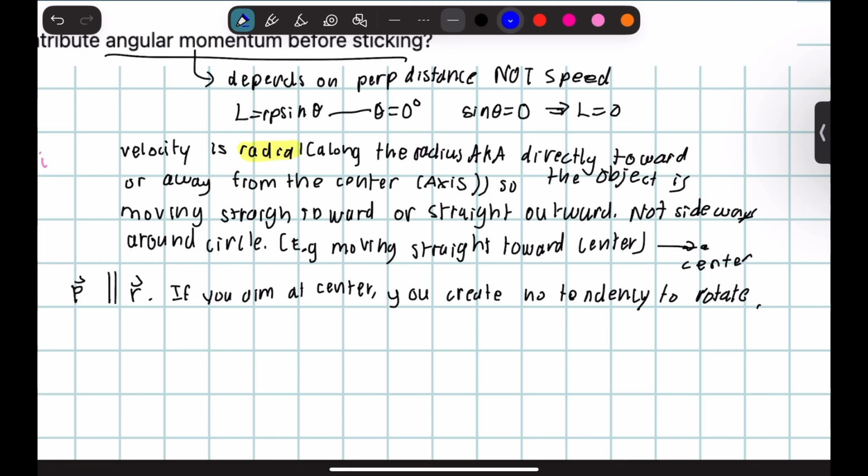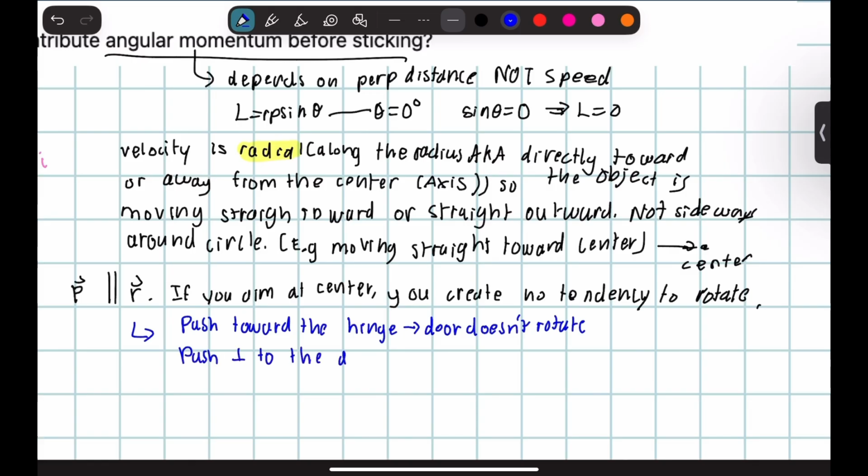And if you're aiming at the center, you're creating no tendency to rotate. Some examples to illustrate this: when you push toward the hinge, the door doesn't rotate. And also when you push perpendicular to the door, it swings open.